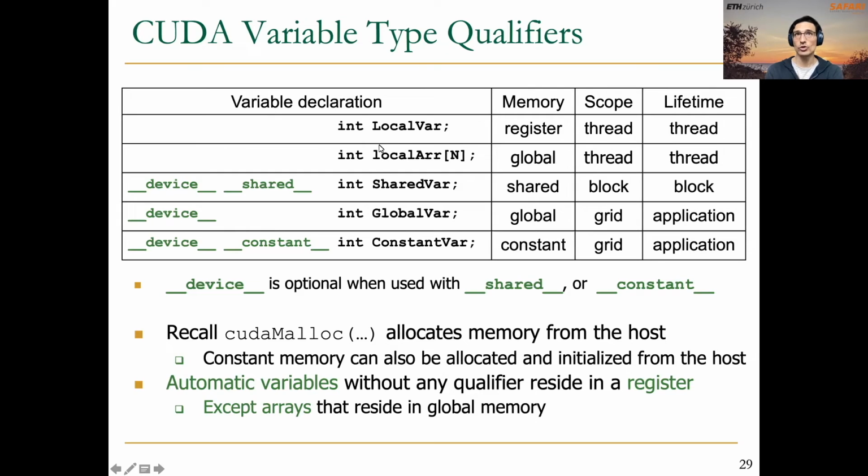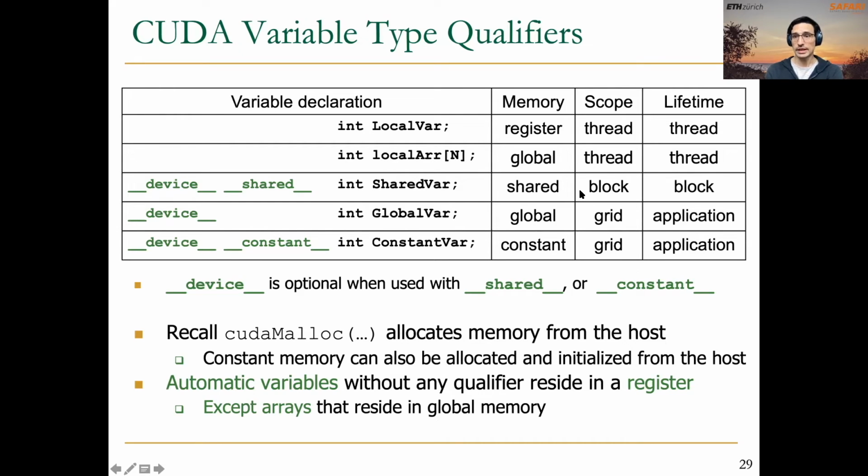Threads can also use arrays like this local array N of a certain size. In principle, these arrays are for usage of a single thread, so their lifetime is also the lifetime of the thread. But in principle, these are stored in local memory, which resides in global memory. This is something that will happen by default, but in cases where the size of this local array is known at compile time, the compiler will try to allocate this array into registers.